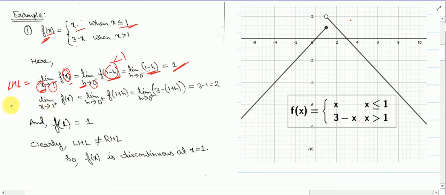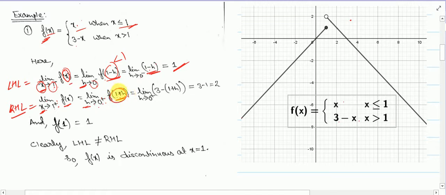Now right hand limit. Here limit x tends to 1 plus, because we are approaching from the right hand side, and here f(x). In the next step, in place of x you will write h, and here 0, with plus, and then f(1 plus h), because you are approaching from the right.